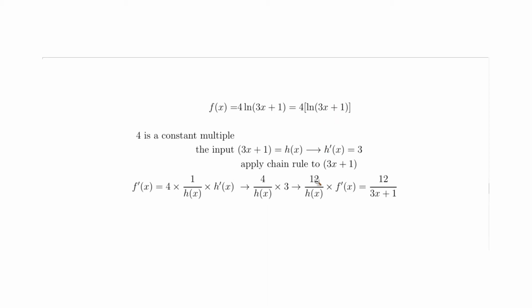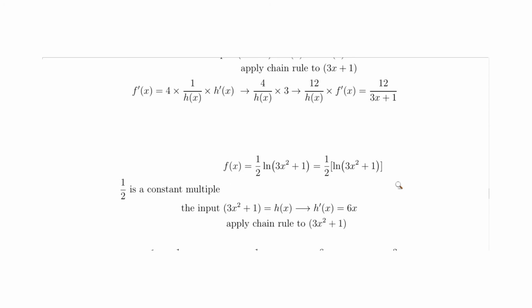That gives us 12 over h of x. So our derivative of 4 times ln of 3x plus 1 is 12 over 3x plus 1. That's our outcome there. Basically, what you could do is 4 times the derivative of the input, which is 3, giving 12, and then 12 over 3x plus 1. That would be a shortcut, but that's how we get to that figure.